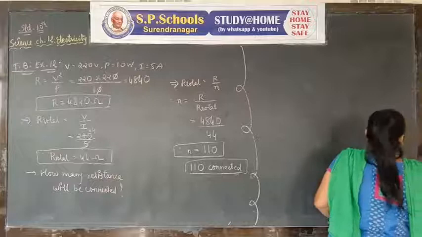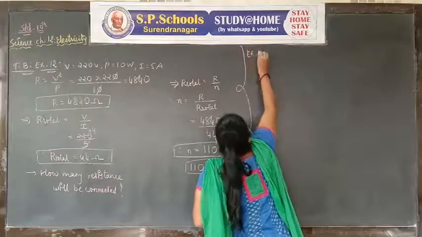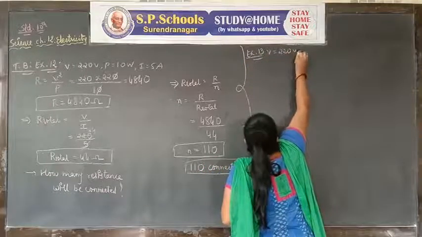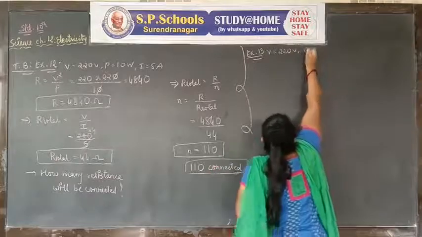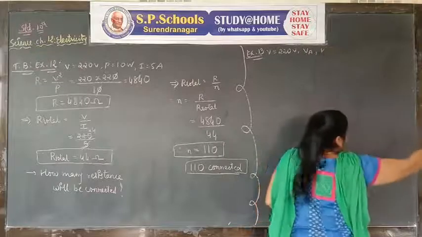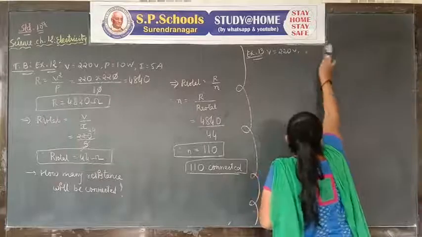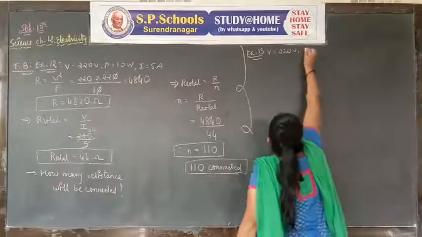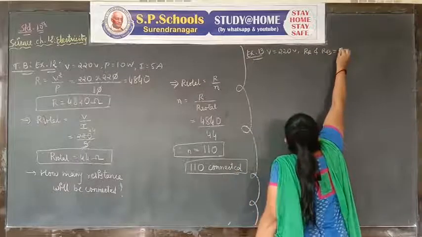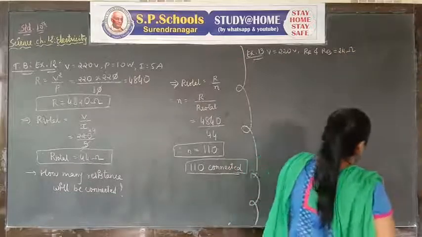We have to give the two pieces of information. V is equal to 220 volt in each case. RA and RB: both resistances are the same, so RA and RB are equal to 24 ohm.